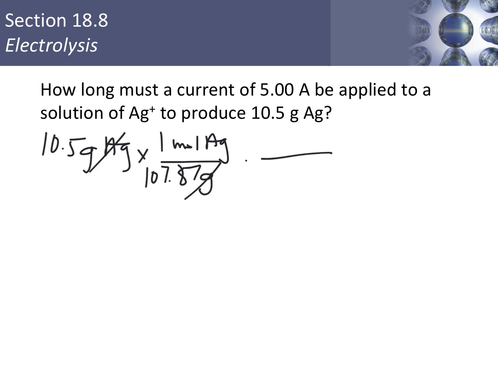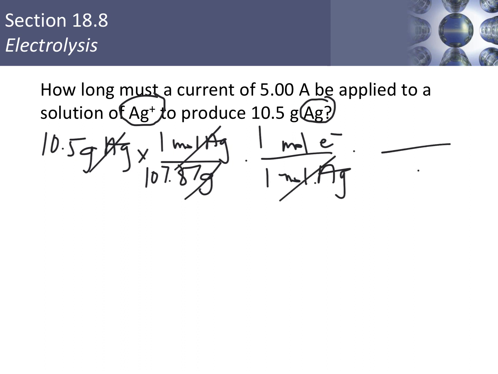Then we will cancel the moles of silver and go to moles of electrons. And for a silver ion with a +1 charge to become a silver atom, that would be 1 mole of electrons.